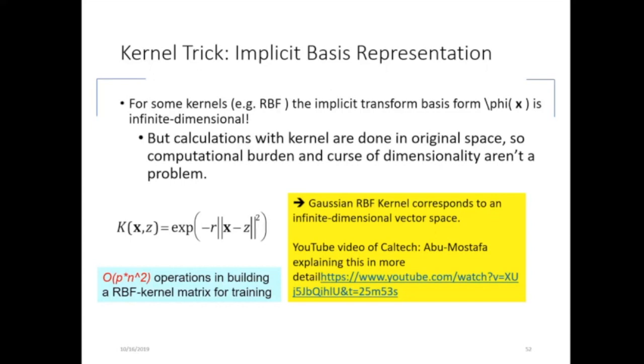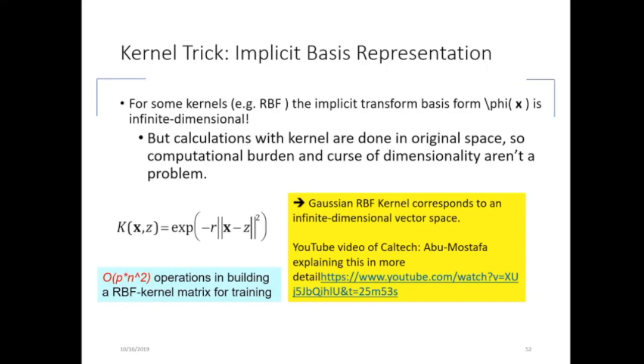And also we summarize the computational cost is O(n²) because you need to calculate all the pairwise values. There are n samples in total, so to get that kernel matrix, it's an n-quadratic operation.